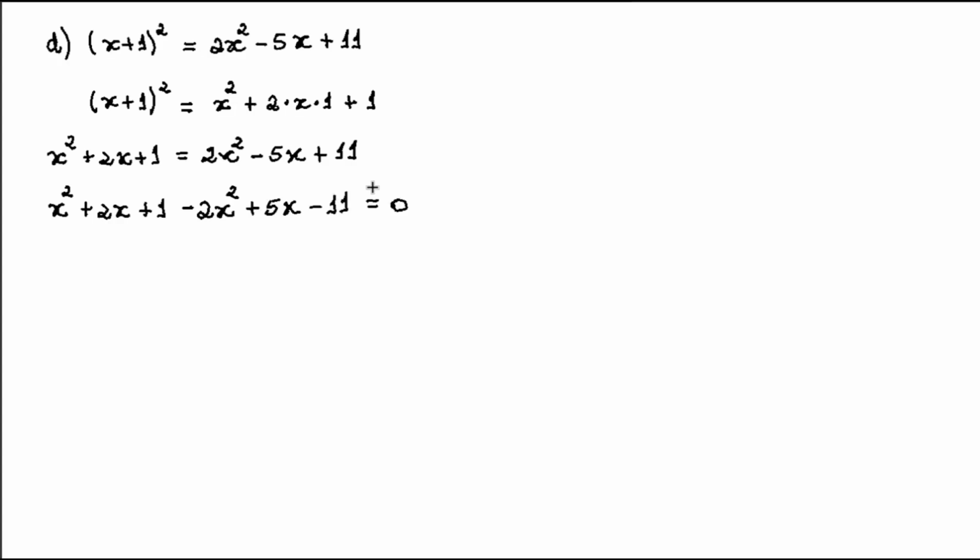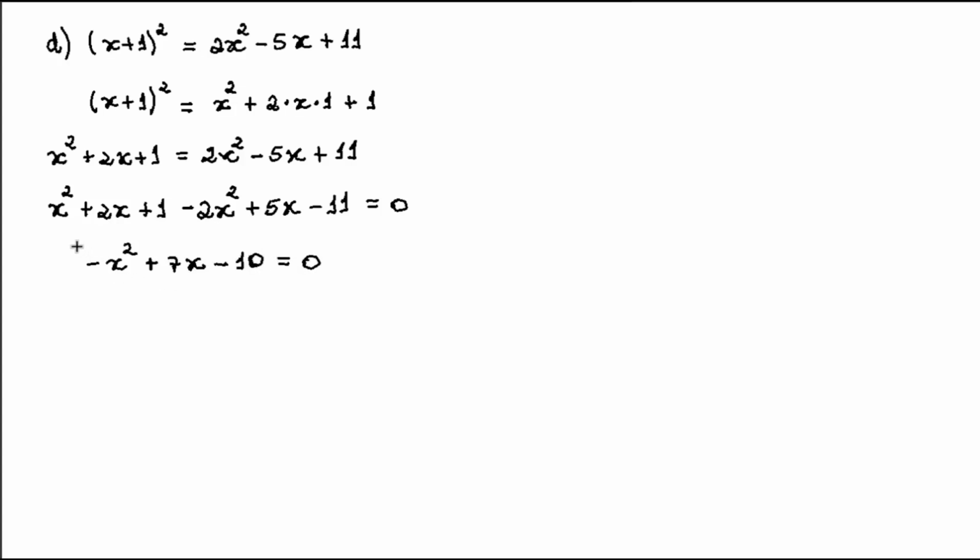Now we can simplify the equation. x squared minus 2x squared equals negative x squared. 2x plus 5x becomes plus 7x, and 1 minus 11 becomes minus 10.